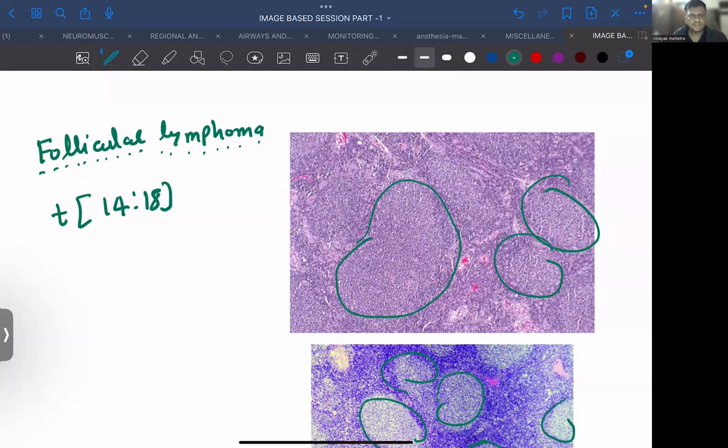Right? It is 14 and 18. You will see 1 from 14 or 18. So this will help you to catch the translocation. And BCL2 gene mutation will be seen in follicular lymphoma.